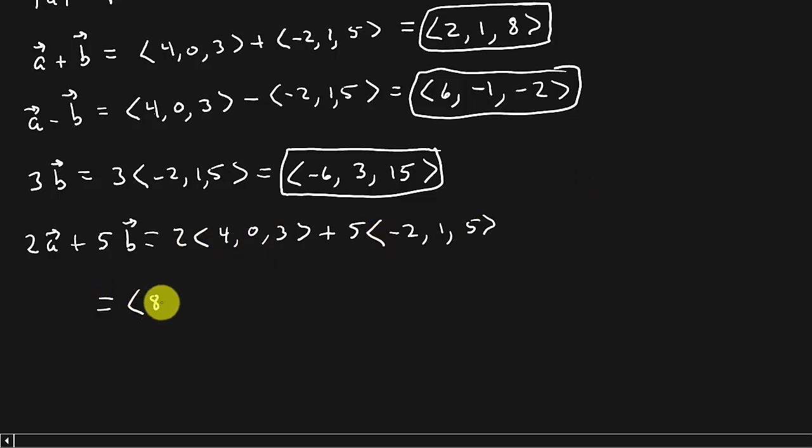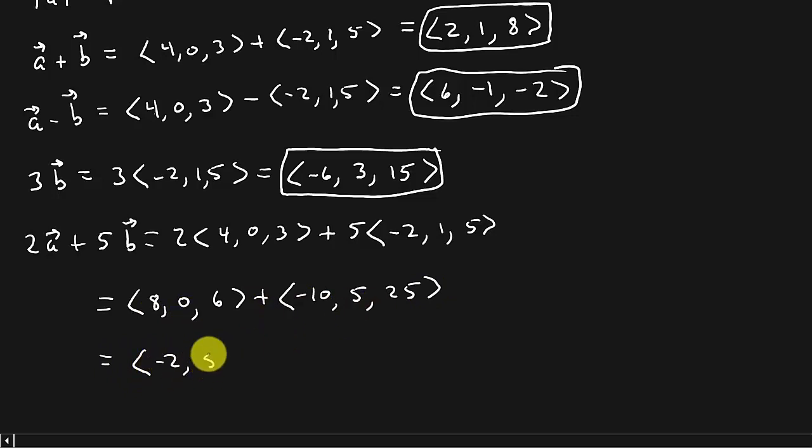So that's going to be 8, 0, 6 plus negative 10, 5, 25. And so that's going to be 8 plus negative 10, negative 2, 0 plus 5 is 5, and 6 plus 25 is 31. And there's your answer.